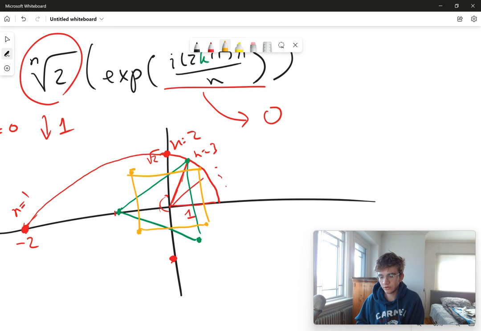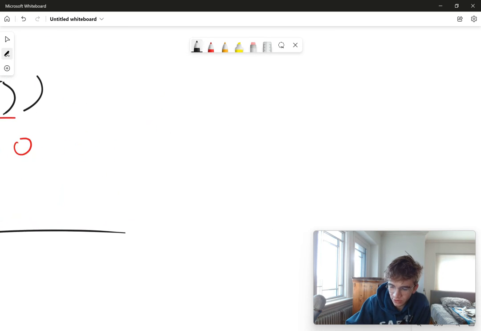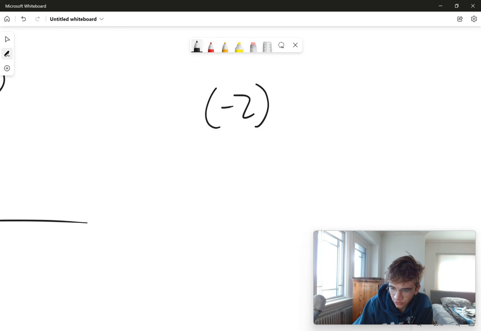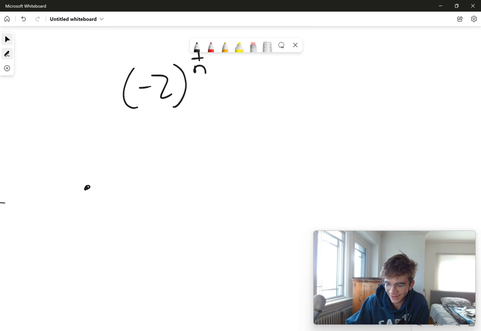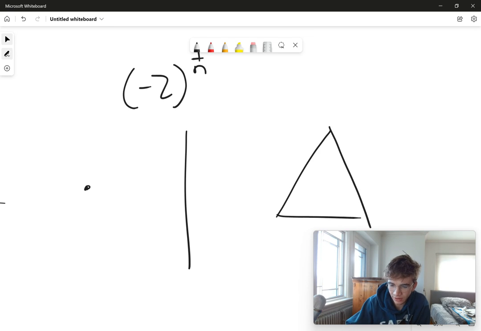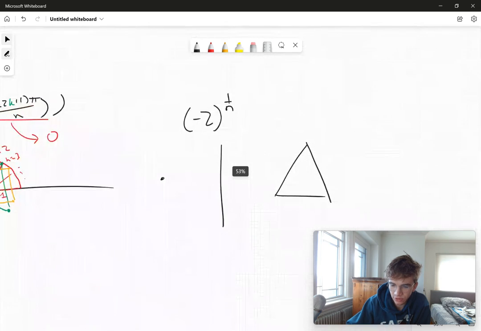I'm going to have something that looks like a square. And essentially, as you can follow the pattern here, what this sequence is doing, this negative 2 to the 1 over n, is it's a sequence of polygons in the complex plane of side length n.